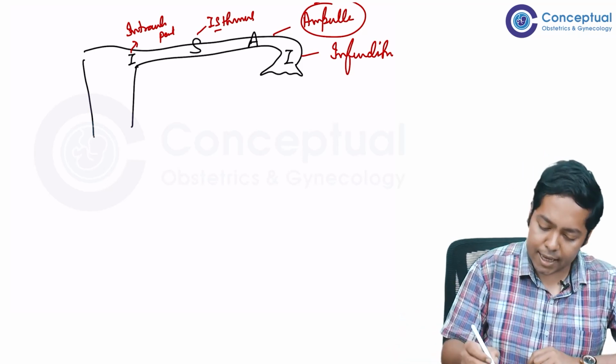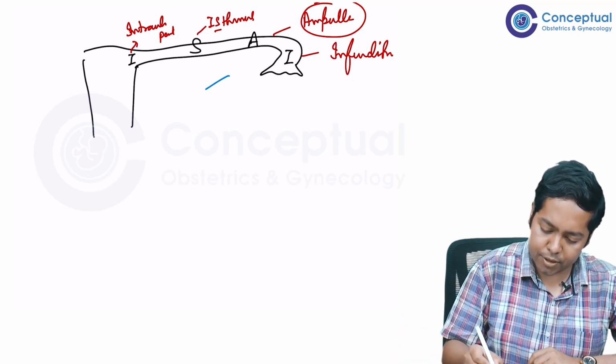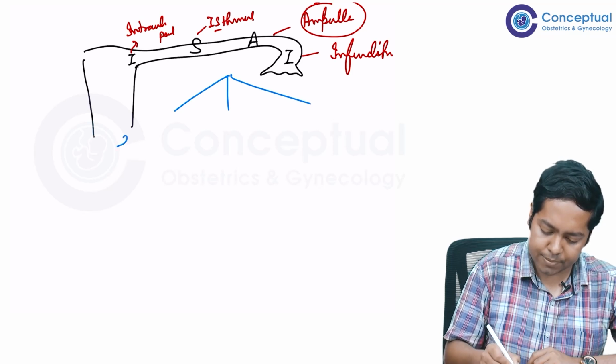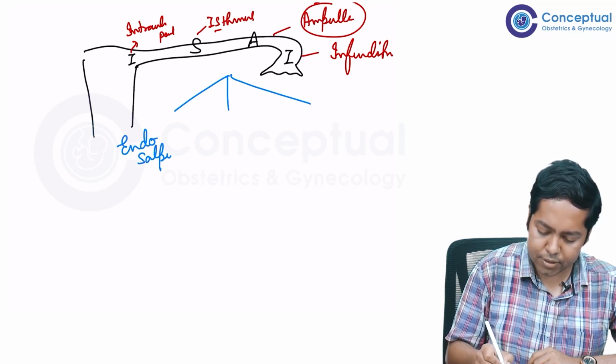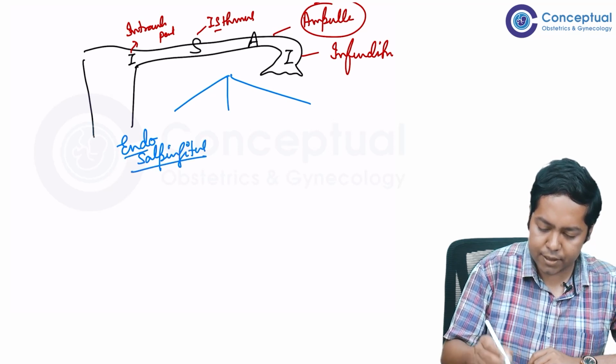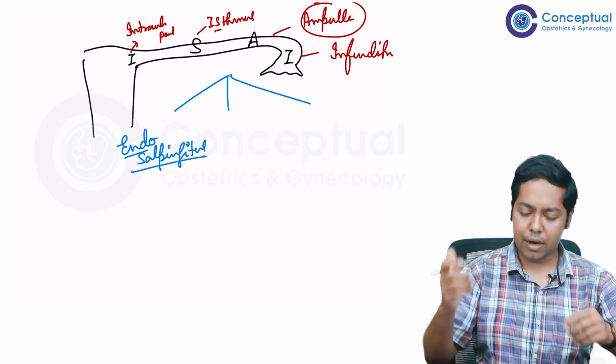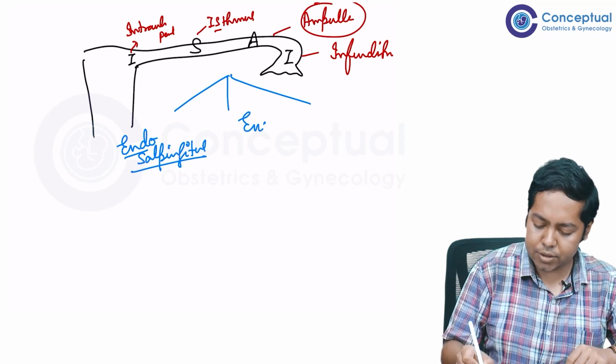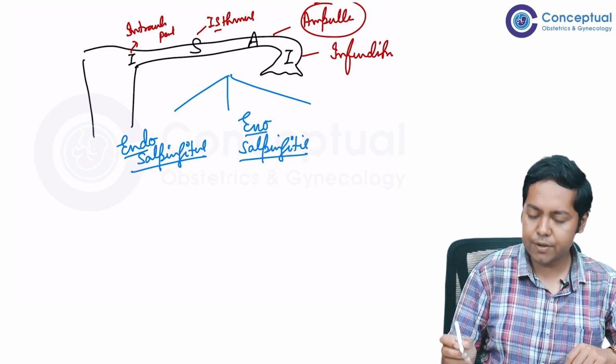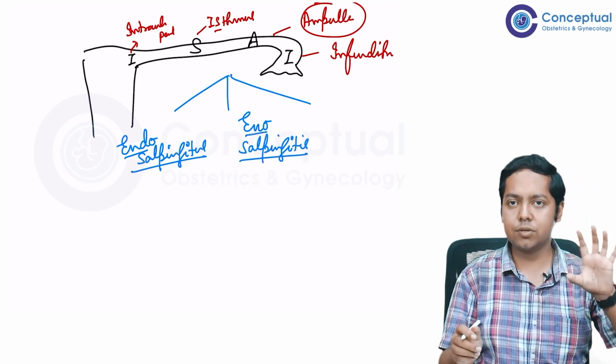Now this salpingitis of tuberculosis can be of three types. It can be either endosalpingitis, where the inner part of the tube is affected first, followed by migration to outside. It can be exosalpingitis, whereby the outer part of the tube is first affected, followed by migration to internal.